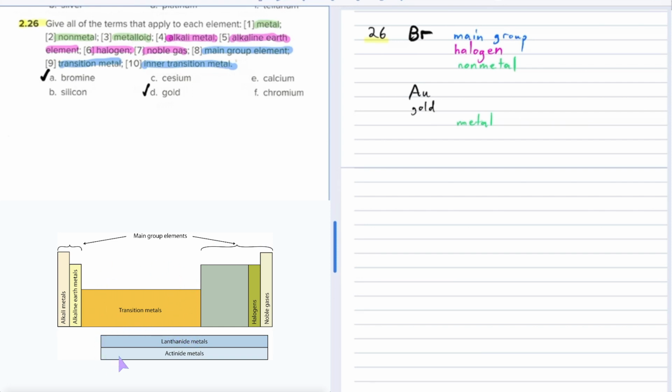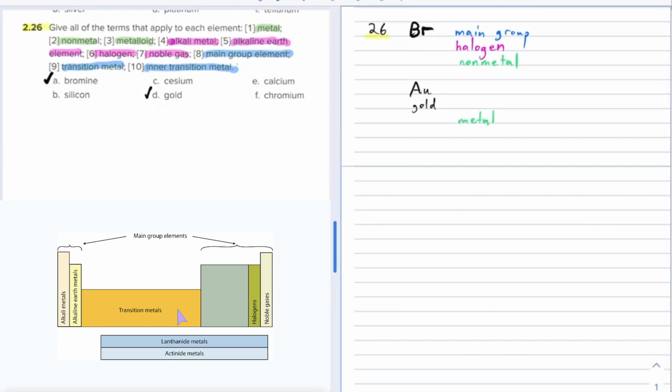The inner transition metals, it doesn't tell us, but that's this little island out here, the lanthanide and the actinide metals. So gold is right there. It is a transition metal. So I'll write that: transition metal.